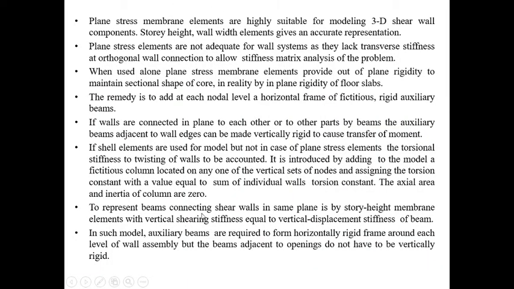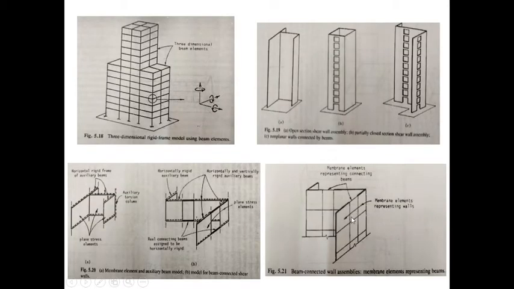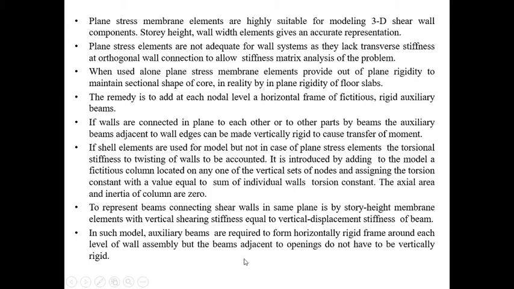In such models, the auxiliary beams provided are required to form horizontal rigid frames around each level of the wall assembly. But the beams adjacent to the openings do not have vertical rigidity.